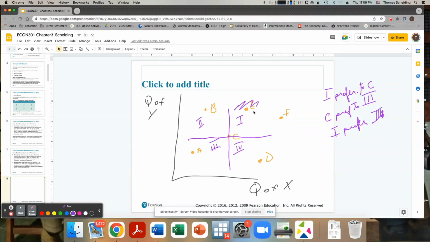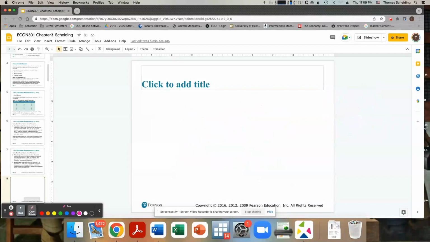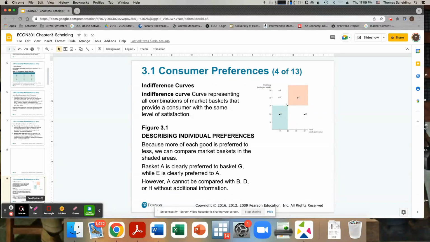So anything in quadrant 1 is preferred to C. C is preferred to anything in quadrant 3. What we don't know are those two bundles. And that's where we're going to need the indifference curve.